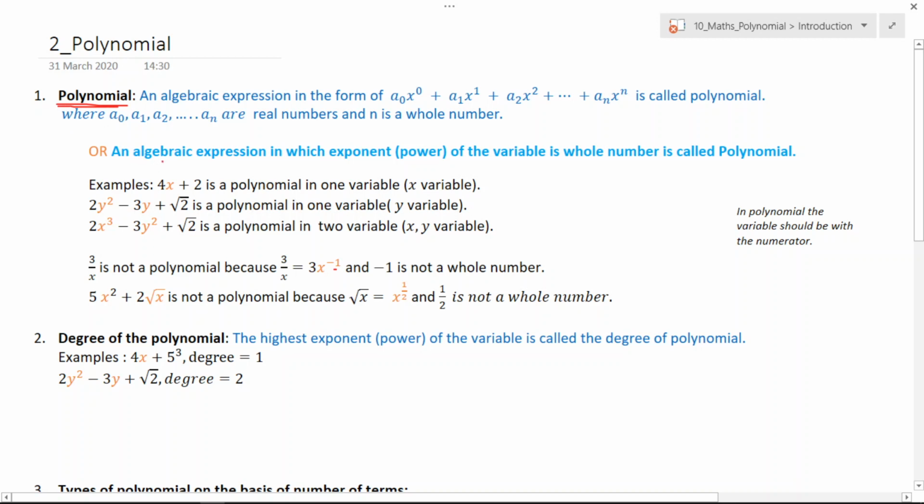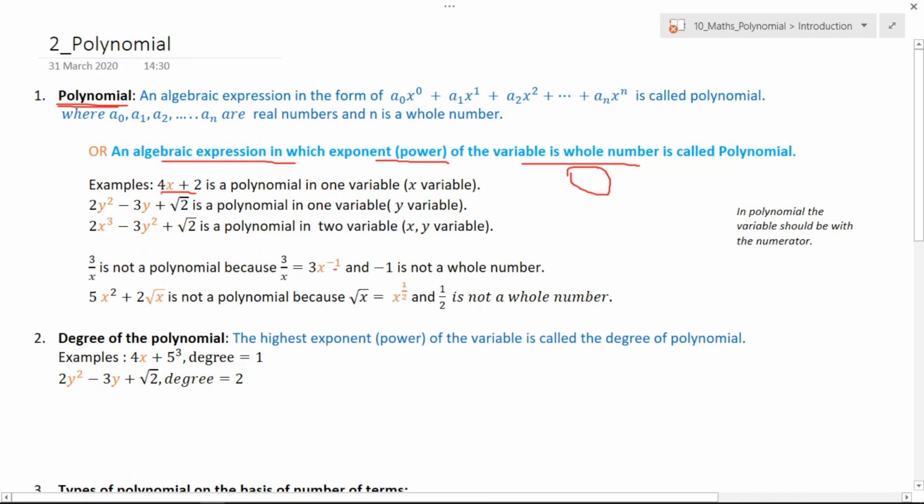So a polynomial is an algebraic expression in which power of the variable is a whole number, or we can say exponent of the variable is whole number, and whole number start from 0. Okay, whole number start from 0. Check the first example, which is 4x plus 2, and it consists two terms.